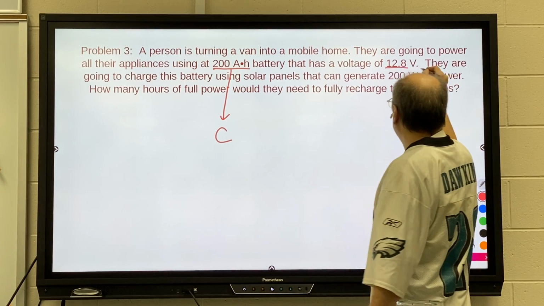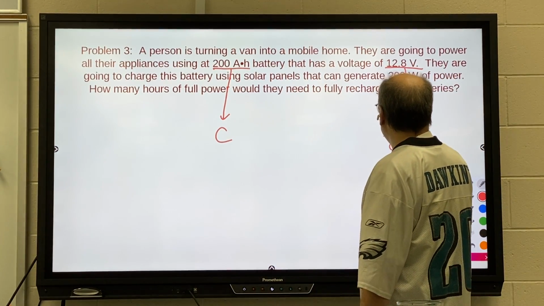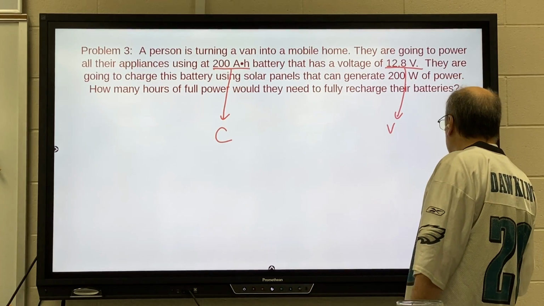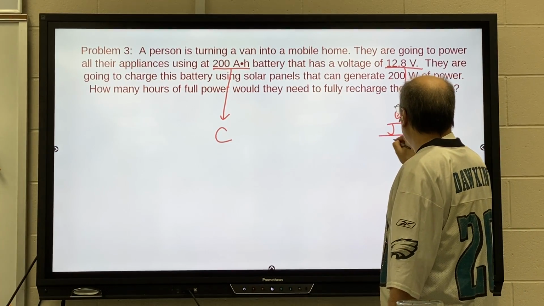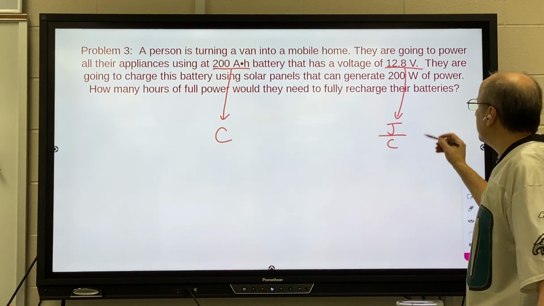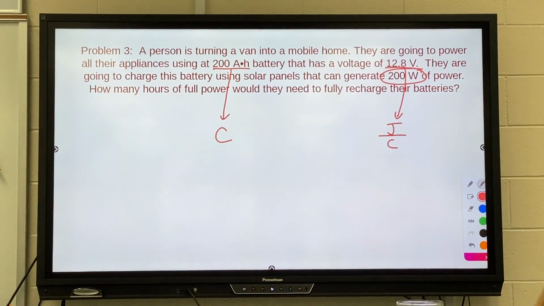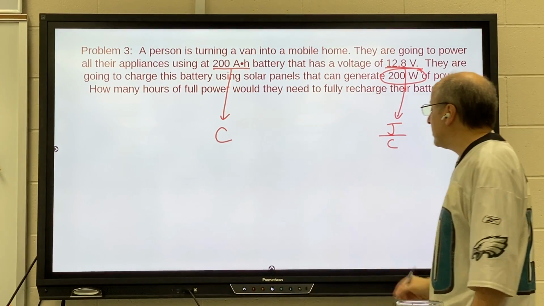You then have the voltage. Again, voltage is joules per coulomb. So you should be able to turn the coulombs into joules. How many joules are there on the battery? And finally, they're going to try to recharge their battery using a solar panel that can generate 200 watts.